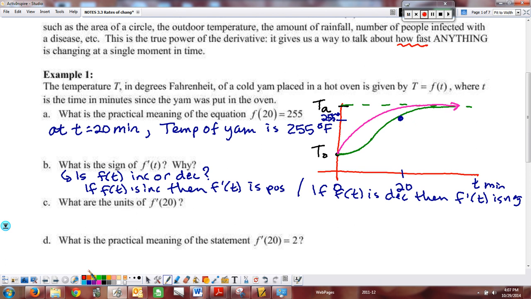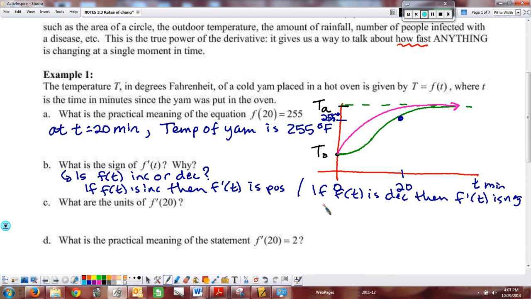And now in our real life scenario, we put the cold yam into the oven. The oven's hot, so the temperature of the yam should only increase from its minimum, which was when you put it in. So you can reasonably say, using our common sense, not necessarily our book smarts here, that the yam's temperature is going to increase the entire time up to this oven temperature.